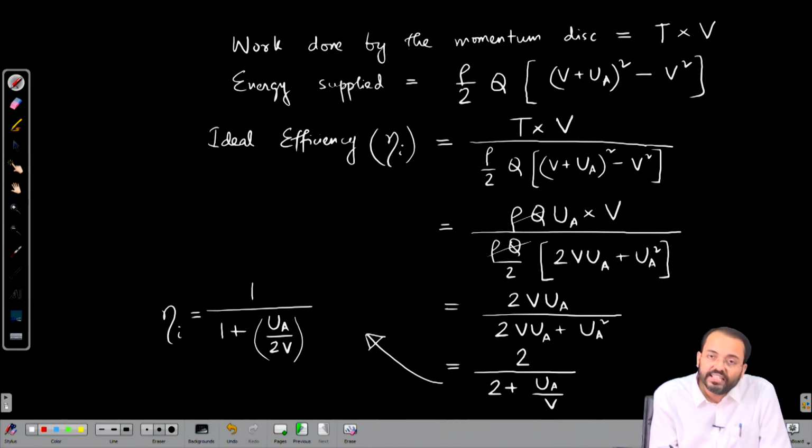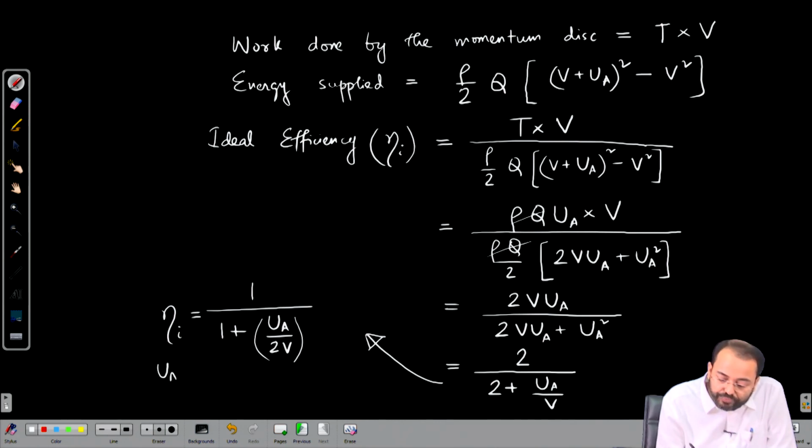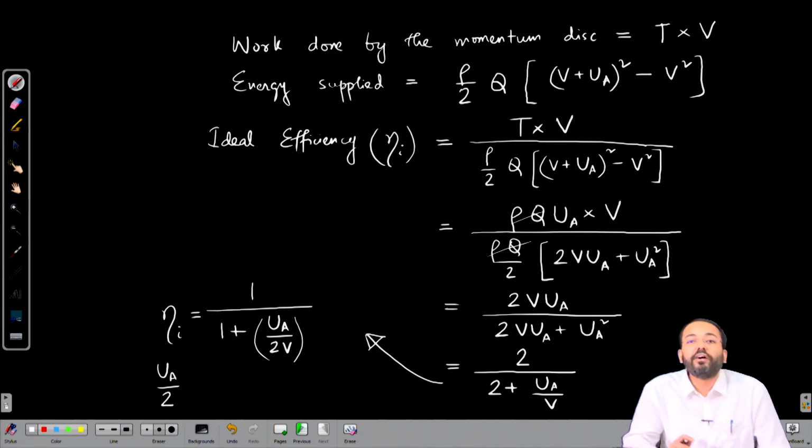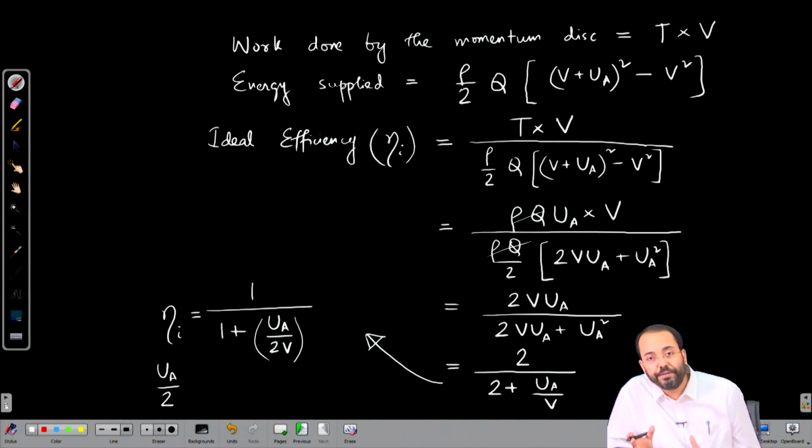Now, in this efficiency term we only have a ratio of the velocities, and basically UA by 2 is what? It is the induced velocity at the propeller plane, because the velocity at the propeller plane Vp was V plus UA by 2, where UA by 2 was the component coming from the induced velocity due to the action of the momentum disk.